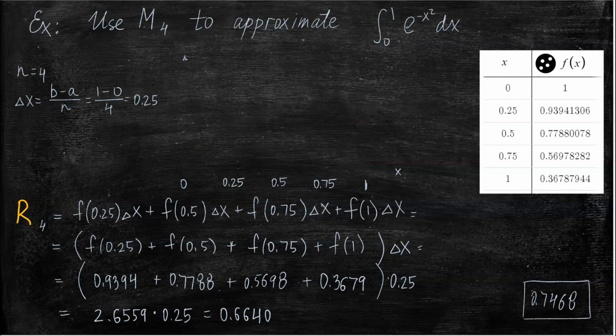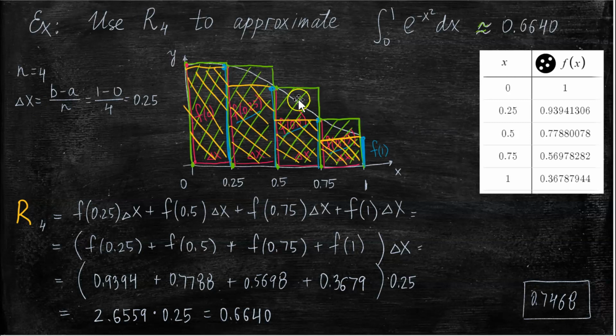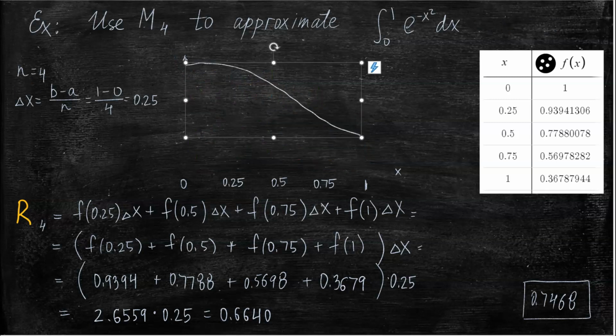I do want to bring the same line though, so let me try to fish it out of here. There you go. And this is our graph. And what does it mean to use the midpoint approximation?